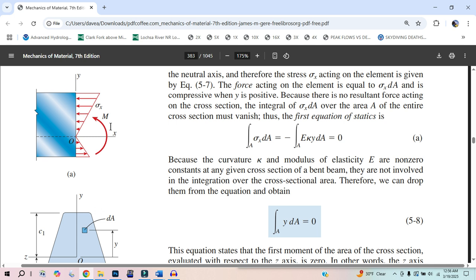You don't just get a beam that's shorter on the top, longer on the bottom, but with no curve. You literally get curve. So if you're applying a moment and going through this process, this has to be positive, and it can't be zero. You know what I mean? So this is the only thing that could be equal to zero.